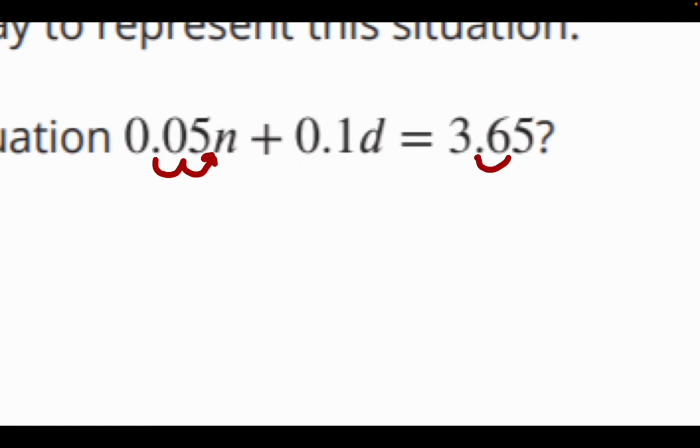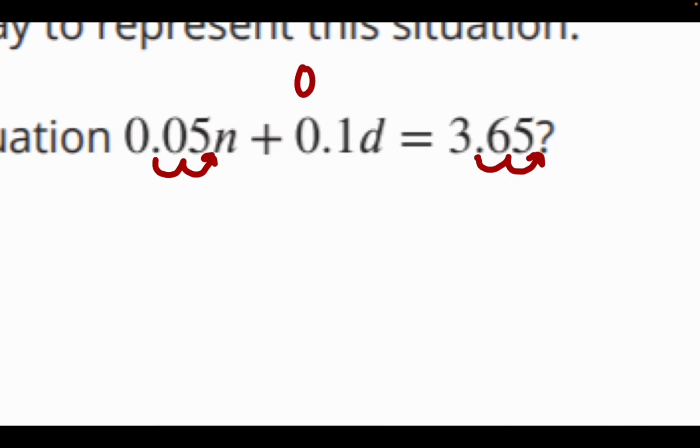And I would also have to move it twice to make 365 or $3.65 into a whole number.